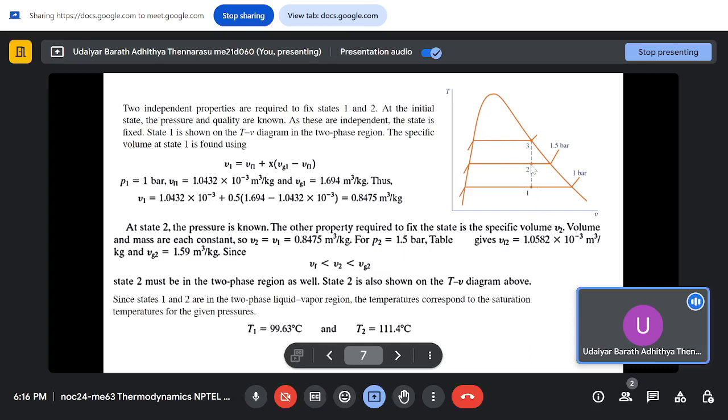From state 1 you are going to state 2, which is at 1.5 bar. Previously it was 1 bar and some specific volume v1, and at state 2 you are at 1.5 bar and at the same specific volume, but your fraction will be different.